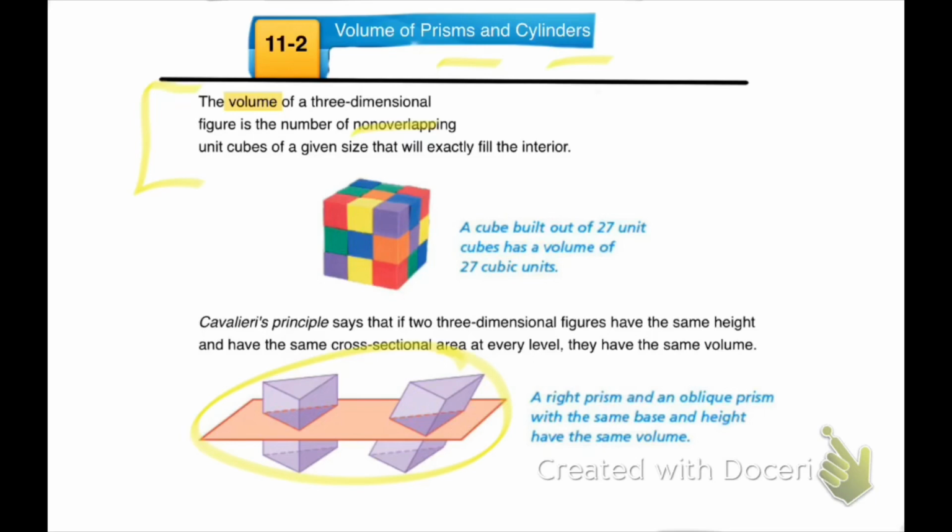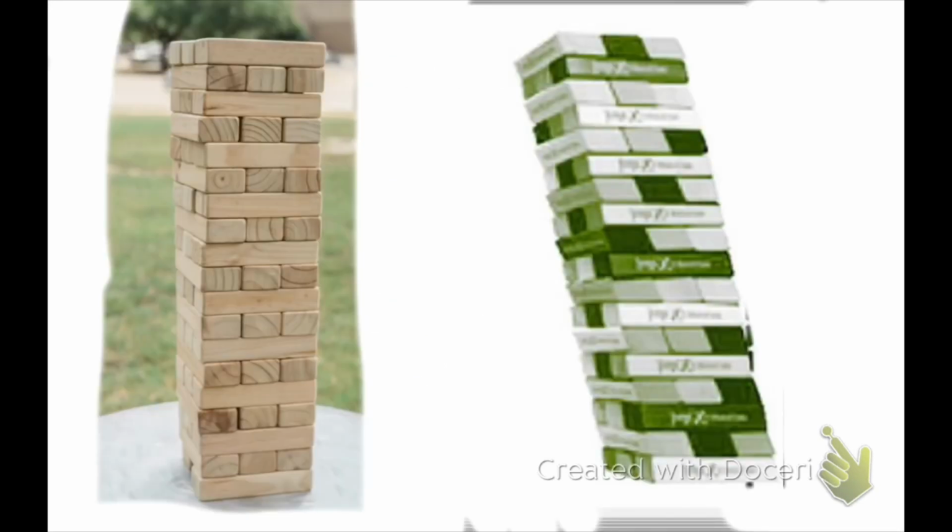Now the way to picture this, let's just picture a Jenga tower. For my Jenga tower, the volume would be how many square cubes I could fit total inside this. So that's my volume. But let's say I were to push it over, just make it slanted that way, so it looks like this.